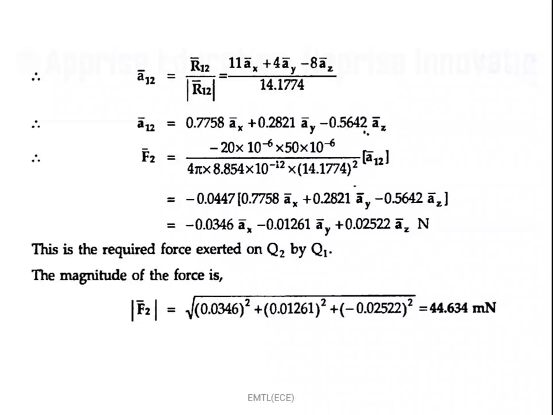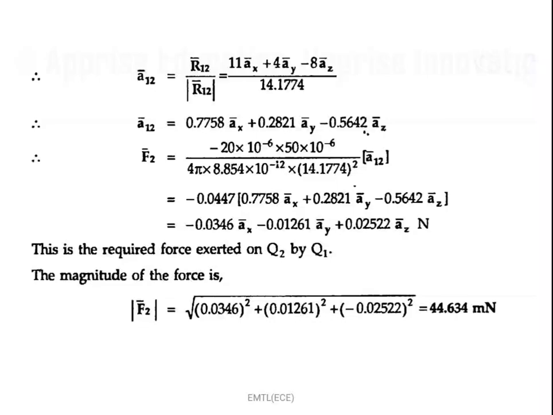So we have to find the force exerted on Q2 by Q1. This is the force expression, and in the problem we also have to find the magnitude of the force.